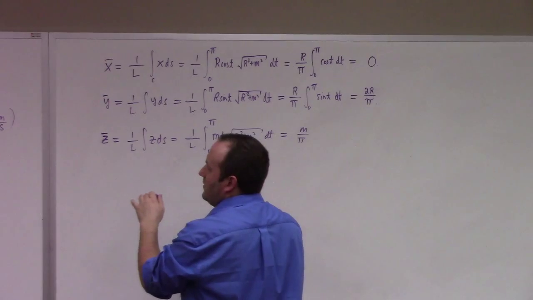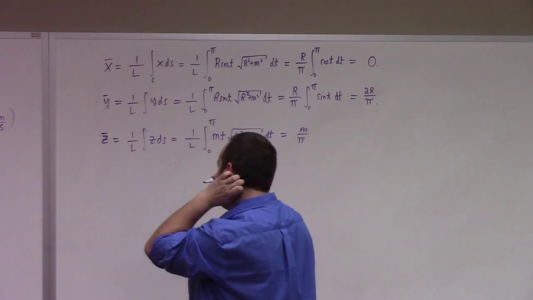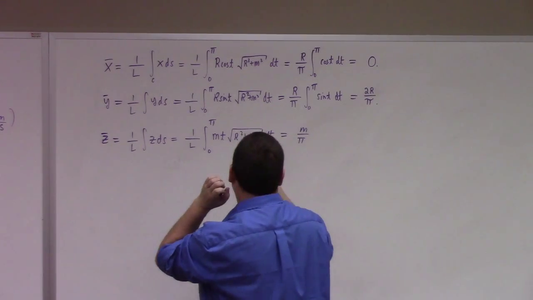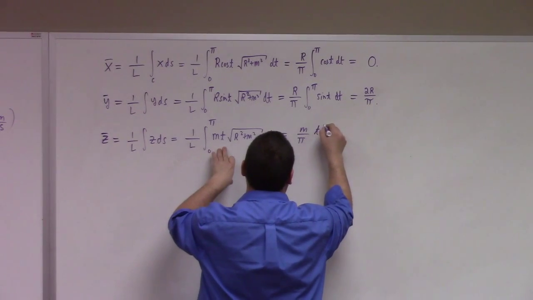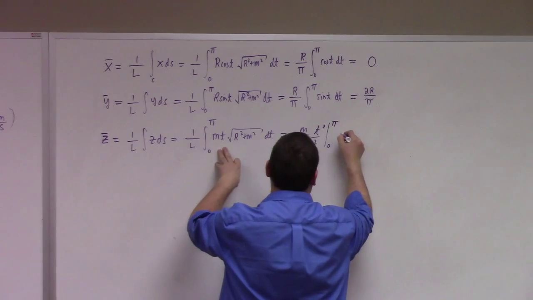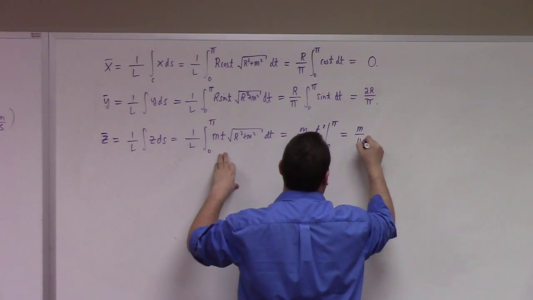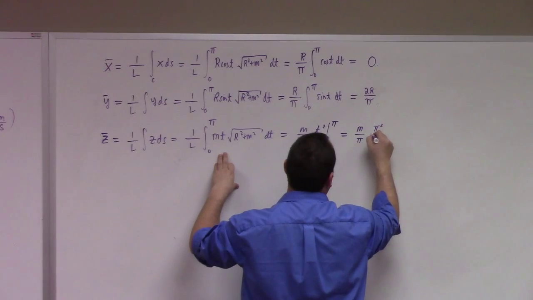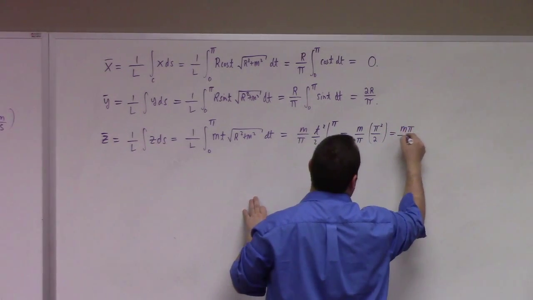Oh, well, maybe, well. Huh. So I get t squared over 2, right? So what's that give me? Oh, m pi over 2 as we thought. Okay.